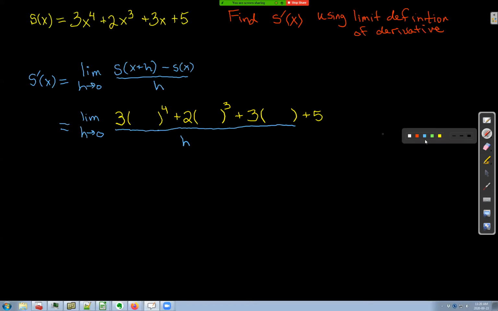This fraction's even bigger than I thought. It's going to take the whole screen, and I'm not even done.